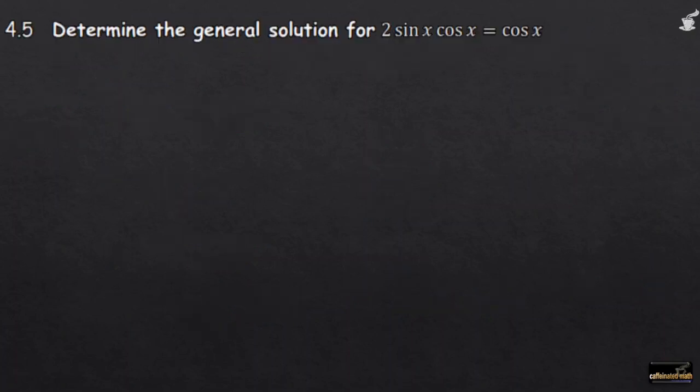Determine the general solution for 2 sine x cosine x being equal to cosine x. Let's have a look at that. Now we have this 2 sine x cosine x being equal to cosine of x. Well, I don't want to divide by cosine of x because it's part of the thing. What else can I do?